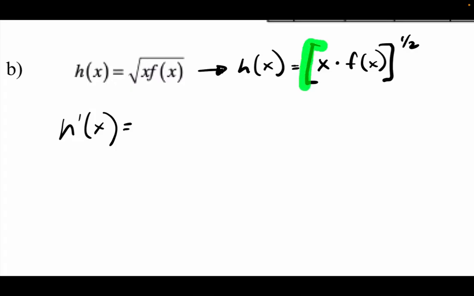So before that though, I have an outside and an inside. Before I even get to the multiplication, I have to deal with the outside function, the green. 1/2 to the front. This was another one. I saw a few people miss this.